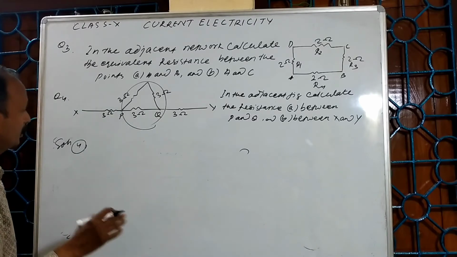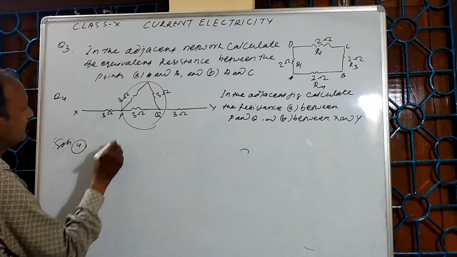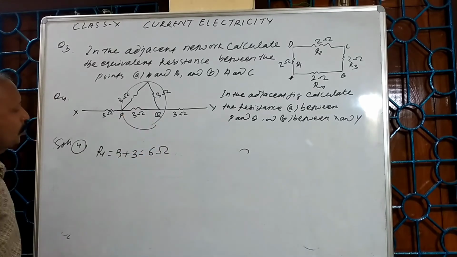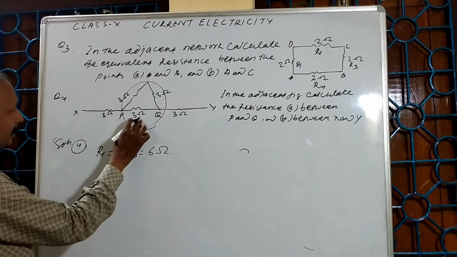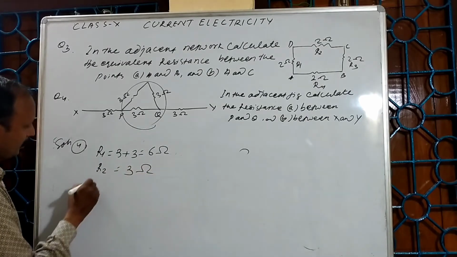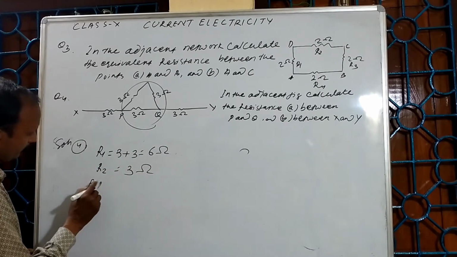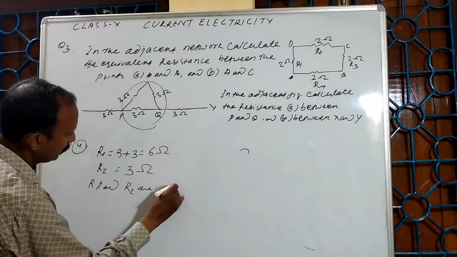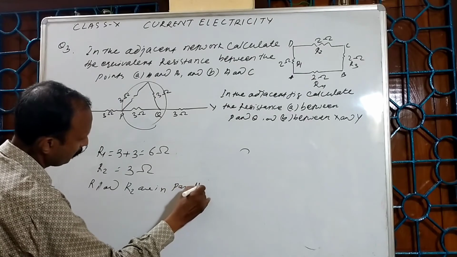So I can say that suppose this is R1 is equal to 3 plus 3, this is equal to 6 ohm. So you can take this as R2, R2 is equal to 3 ohm. So R1 and R2 are in parallel.